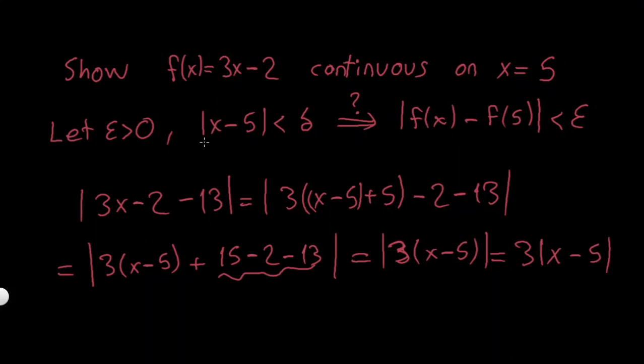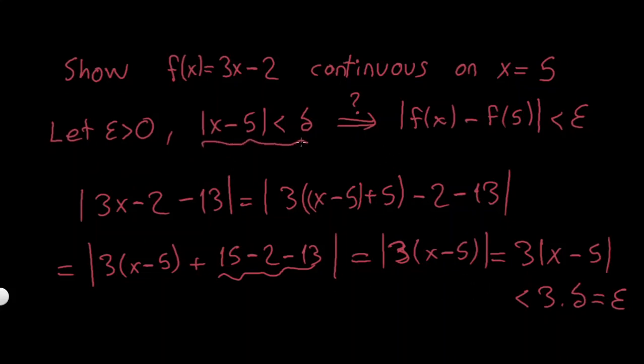And I know that |x minus 5| is less than delta from the definition. So I can say this thing is less than 3 times delta. And I can just say this is equal to epsilon, because in the definition, if you look, I need to have f(x) minus f(5). So I wrote f(x) minus f(5), and I followed some steps.